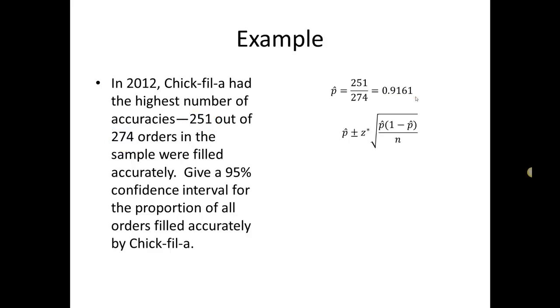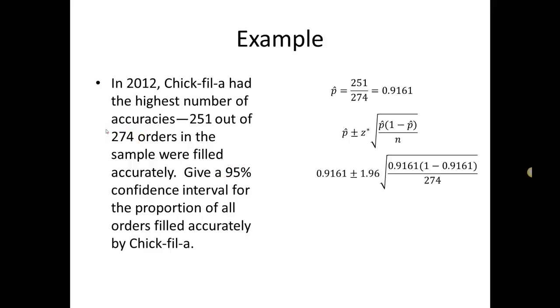Next, we're going to plug everything into our confidence interval formula. So we plug in the p hat. We have z star. It said we wanted 95% confidence, so if you recall our table from earlier, z star for 95% confidence is equal to 1.96. And then our sample size is 274.